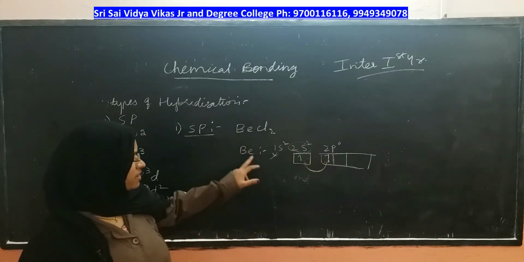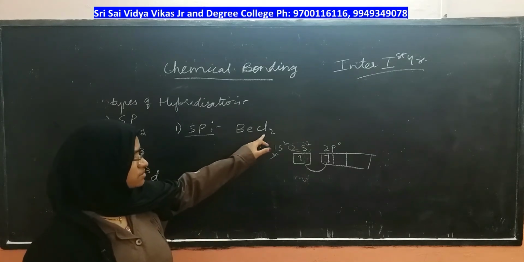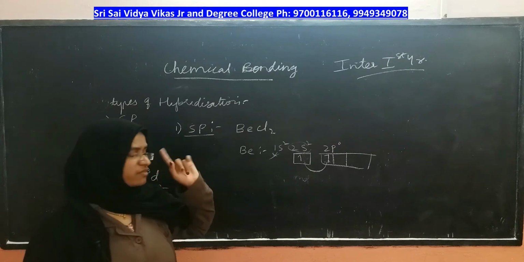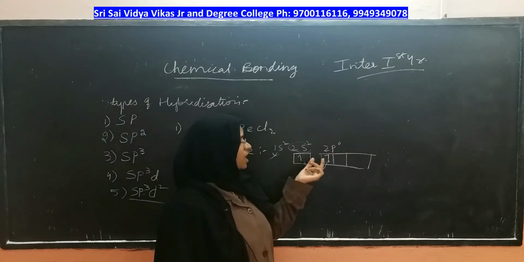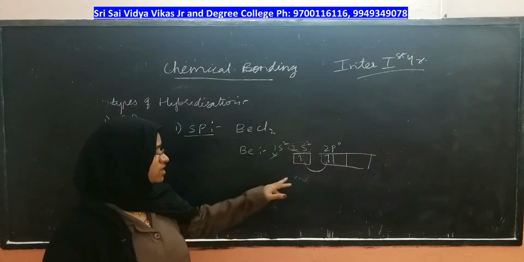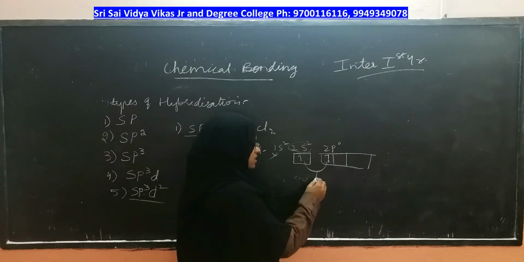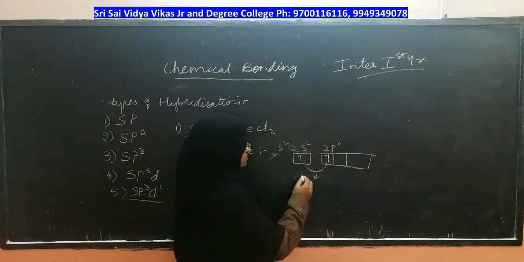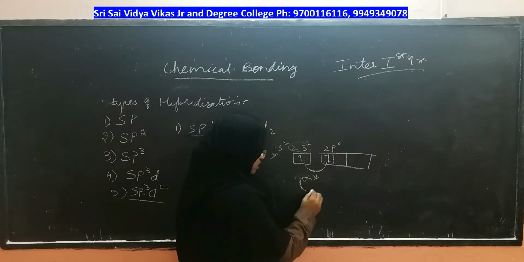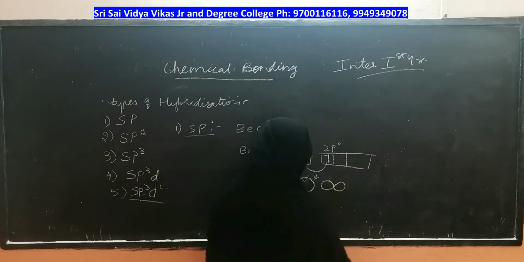Now beryllium is in confusion: out of two chlorine atoms, should I overlap with one chlorine using s and one chlorine using p? Is it not partiality? So what beryllium does is, it will undergo hybridization in such a way that the s orbital and p orbital intermix.